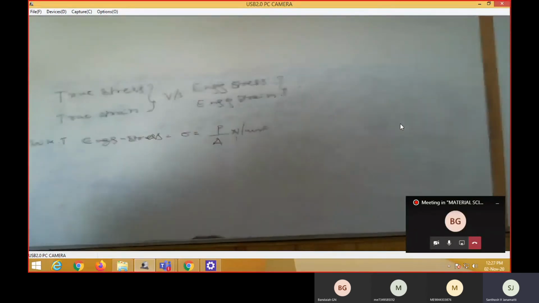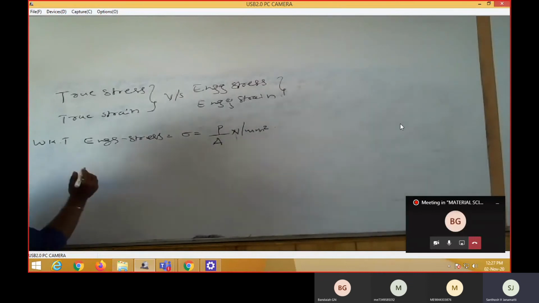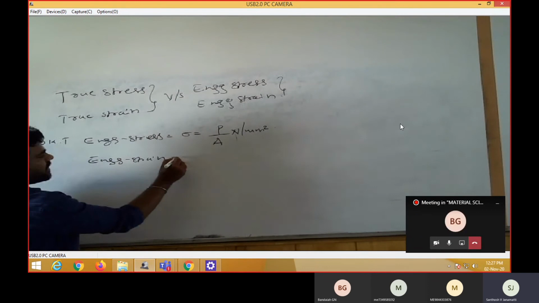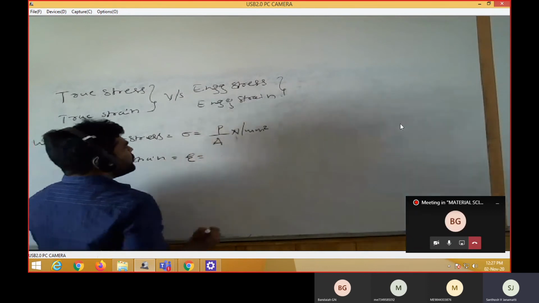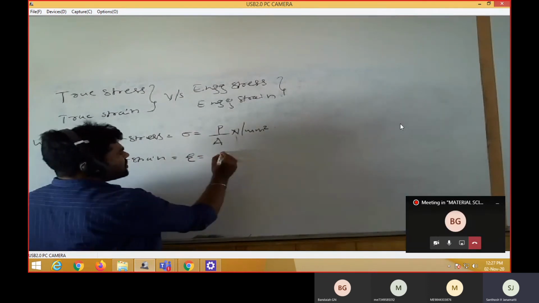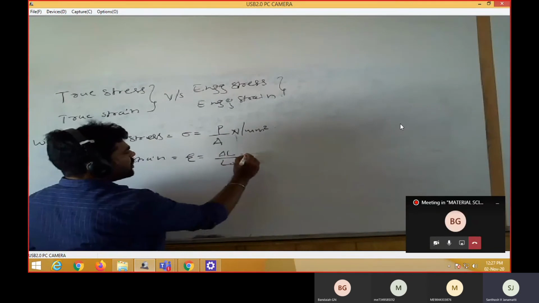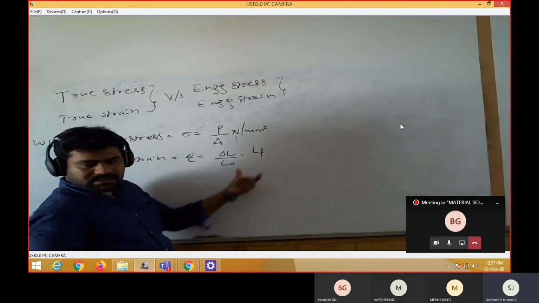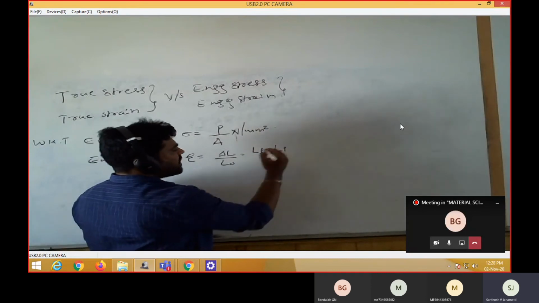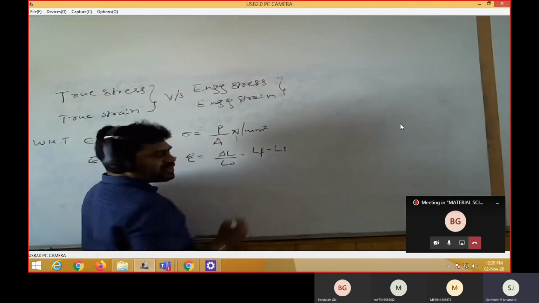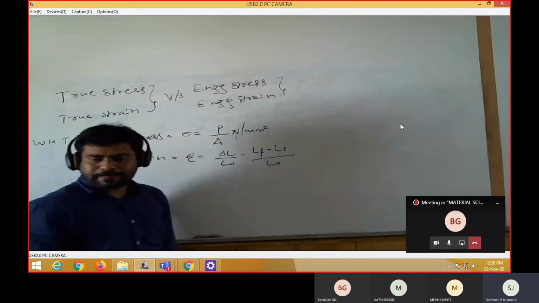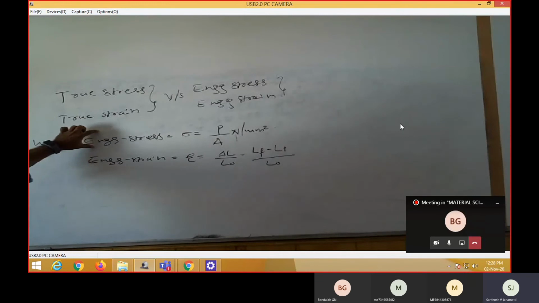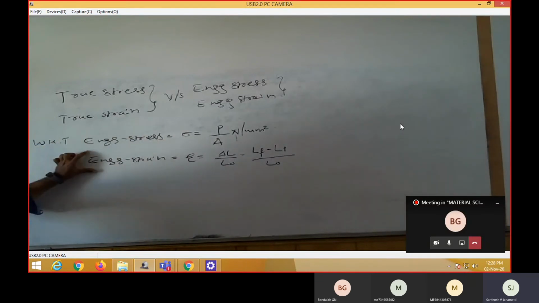Similarly, engineering strain e is equal to delta L divided by original L. Also, we can write change in length as final length minus initial length, or instantaneous length, divided by original length. So this is what we know about engineering stress and engineering strain.